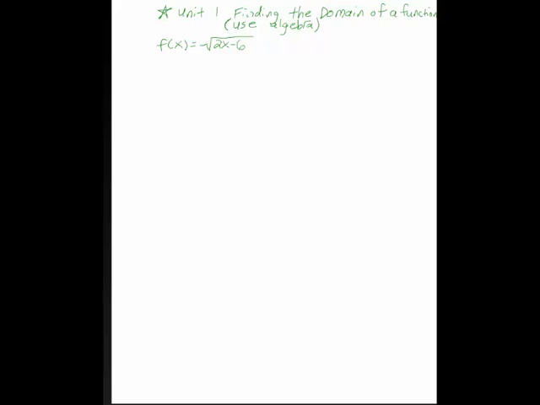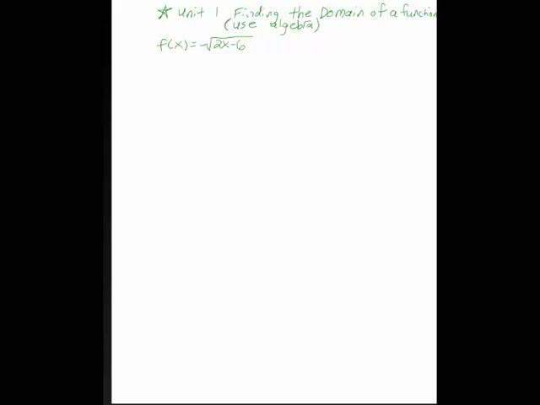So in this case, since I'm dealing with the square root function, I know that I cannot evaluate the square root of a negative number and get a real number back. I can get a complex number back, but in terms of graphing here, and in terms of the way we think of domain and range, we're thinking about real values only.